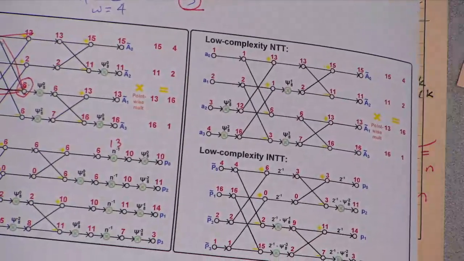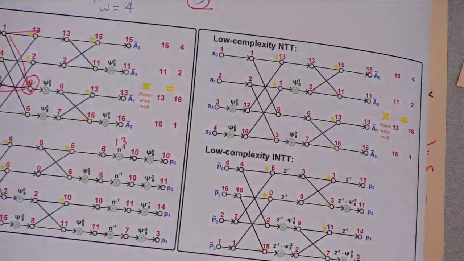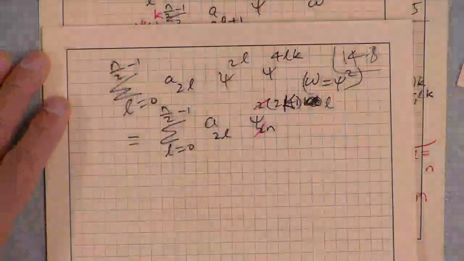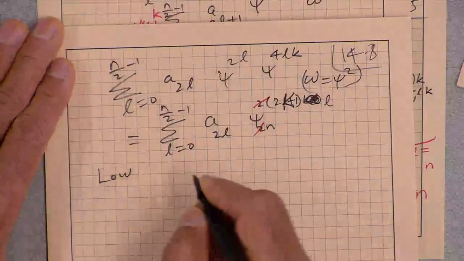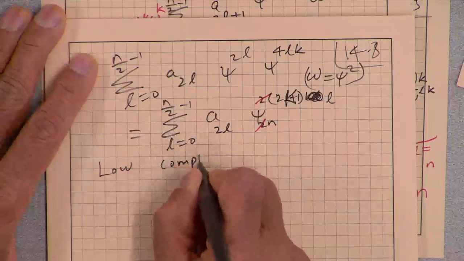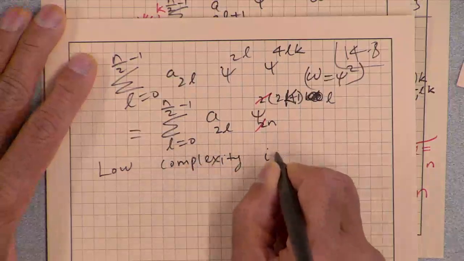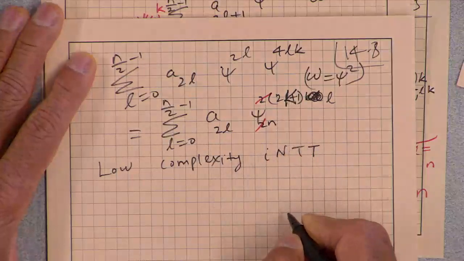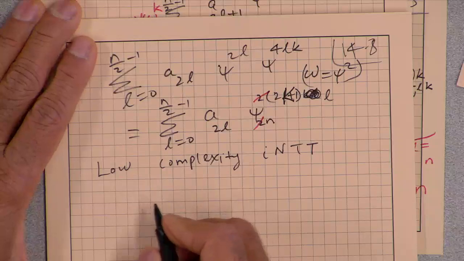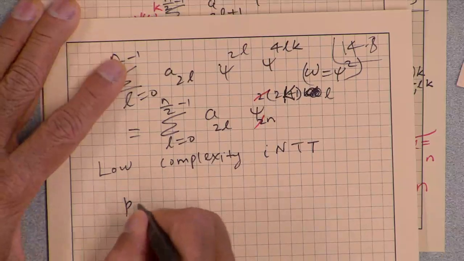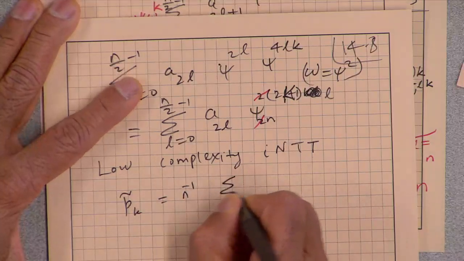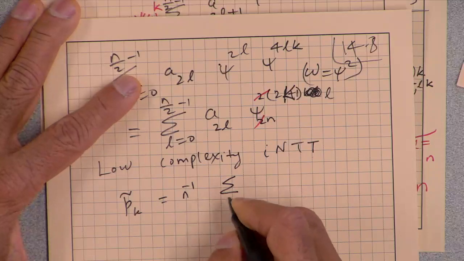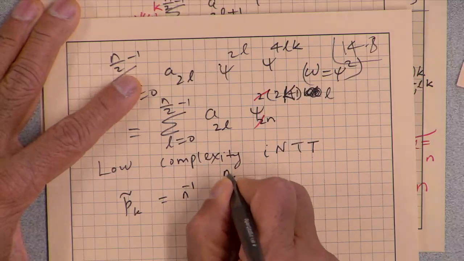So the final question then is what happens to the I entity? So how do we finally reduce the complexity of I entity? Okay, so for this case, we want to compute pk tilde is equal to n inverse summed over I equal to 0 to n minus 1.